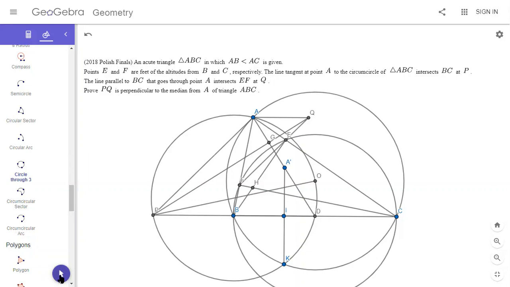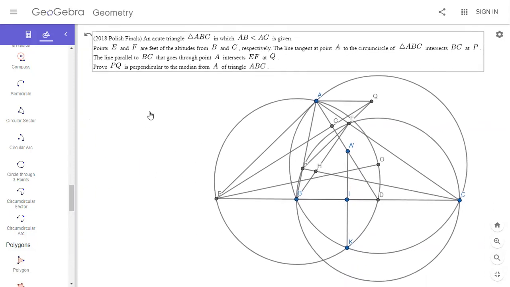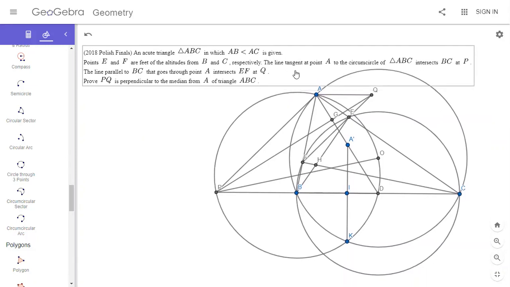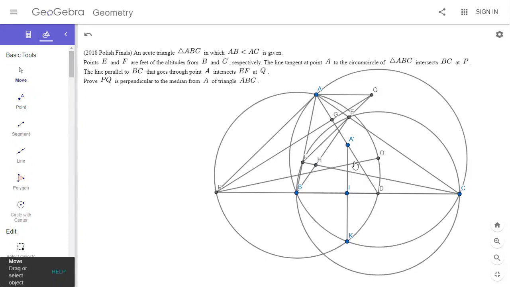All right, just for the sake of keeping it interesting, I'm going to show you guys the solution using point circles, which is really, really slick. So let me delete a couple things in the figure.